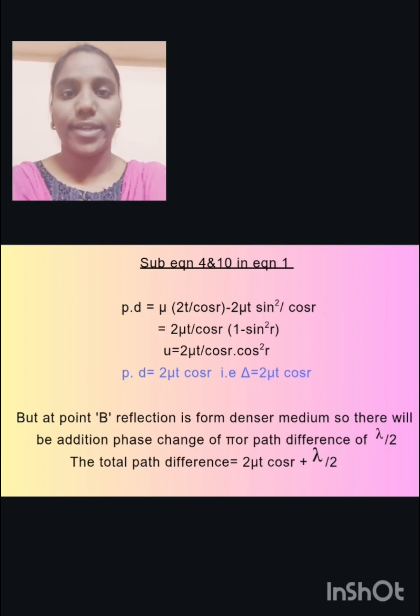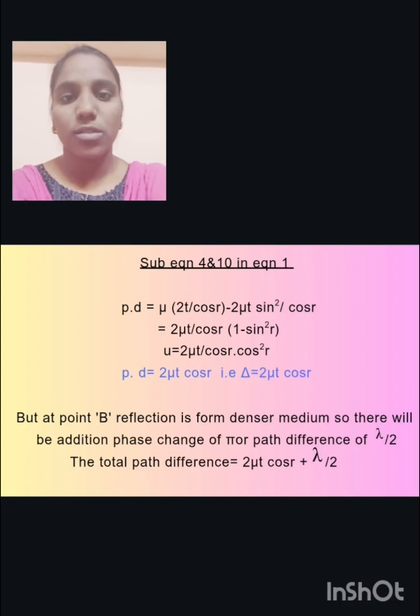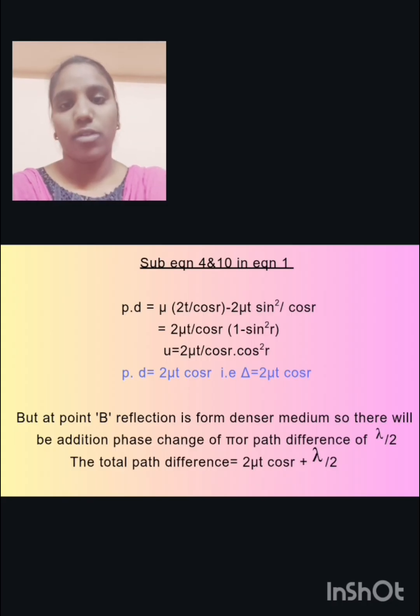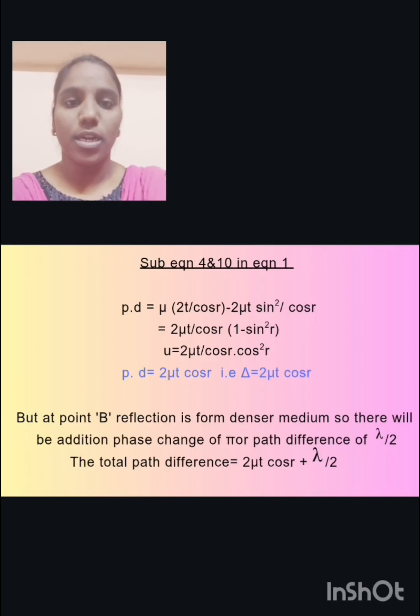Substitute equations 4 and 10 in equation 1. The path difference is equal to mu into 2t by cos r minus 2 mu t sin square r by cos r. 2 mu t by cos r is common. The remaining is 1 minus sin square r, and we know that sin square r plus cos square r is equal to 1, so 1 minus sin square r is equal to cos square r. The path difference delta is equal to 2 mu t cos r.